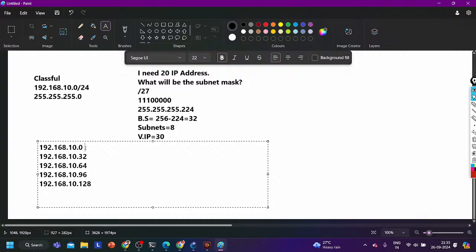Now, the last IP address of the first subnet is going to be what? See, the next subnet is starting from 32. That means this subnet will end on 31. Second subnet, last IP address: 63. And so on, 95.